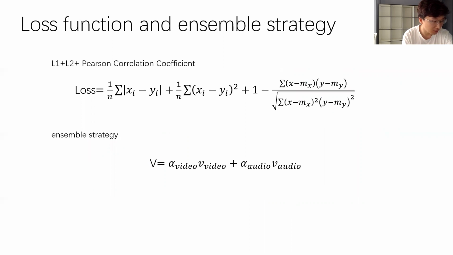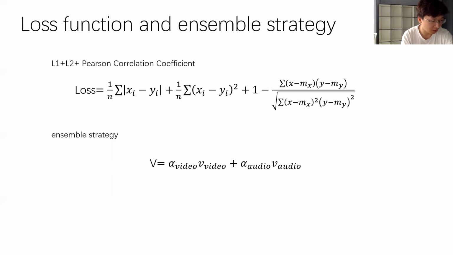In the initial experiment, we set the loss function as L1 loss combined with L2 loss. However, we found that such a loss function only regressed the expression scores corresponding to each video clip, and didn't restrict the association between the video clips.